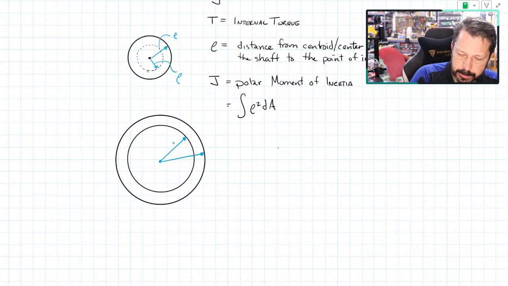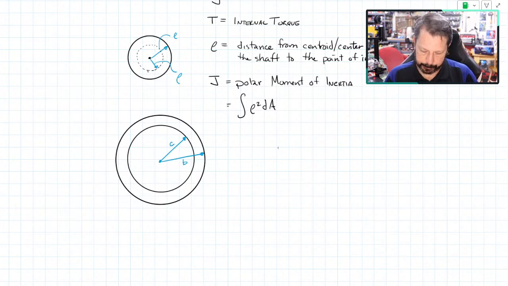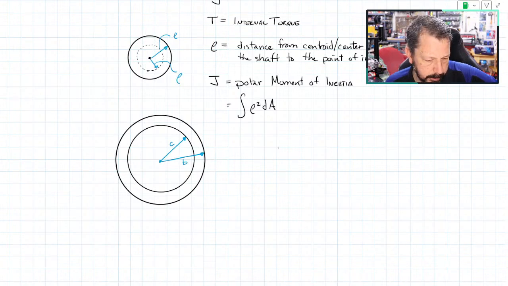I think I want C here, which is not the same C that I just talked about, but I think they most commonly use a C here and a B here. I might should check that before I write that down too much. I wonder if I have some notes here, well, let's just look up. I think most of the time you end up with a C as your inner radius. These are not giving me what I want.